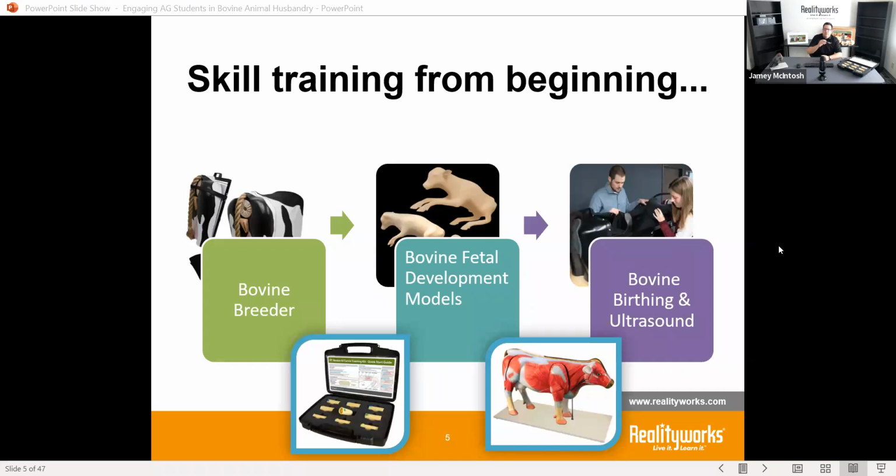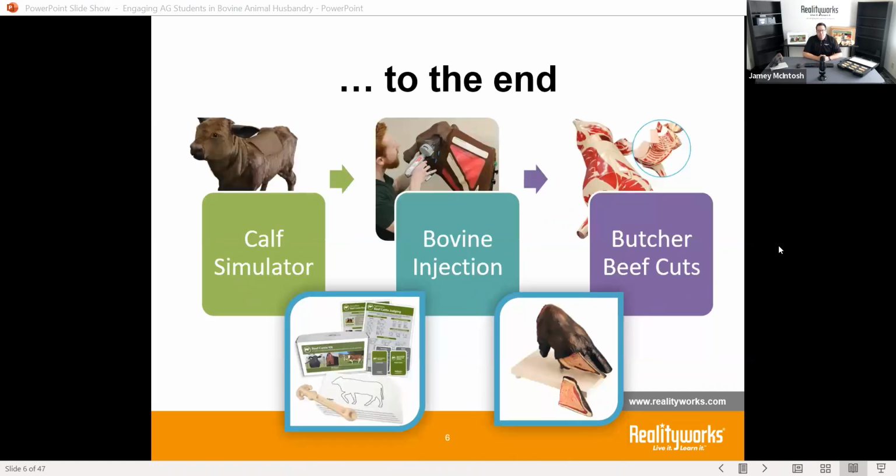So we're working through all the different systems and parts and pieces, starting from the beginning all the way through. Where does that go? Things like our calf simulator, getting them into a simulation experience and an understanding of the calf itself.